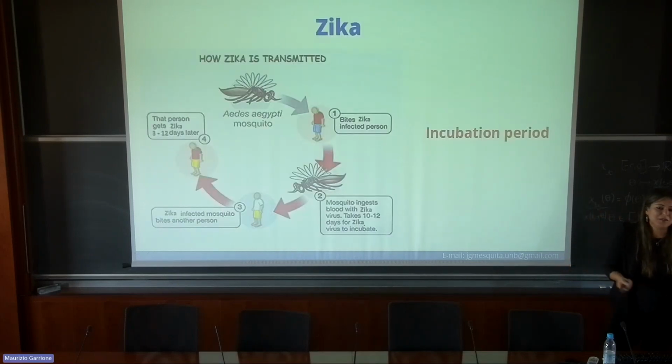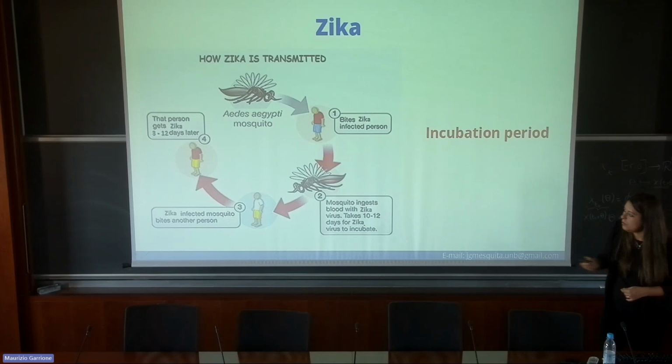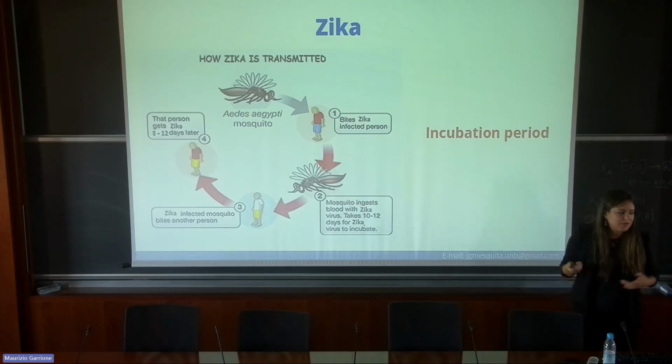Also, Zika in Brazil. Again, we have this incubation period of the virus, and exactly this can be viewed as a delay. Zika is transmitted by a mosquito in Brazil, and not only in Brazil but in the nearby countries.